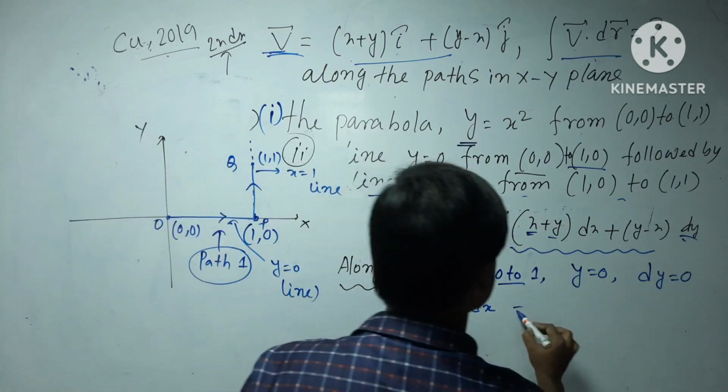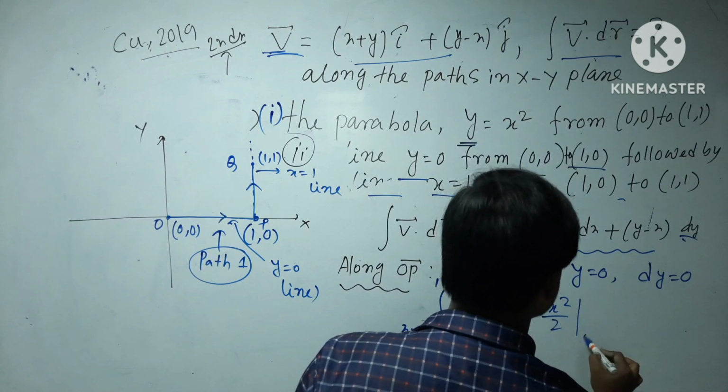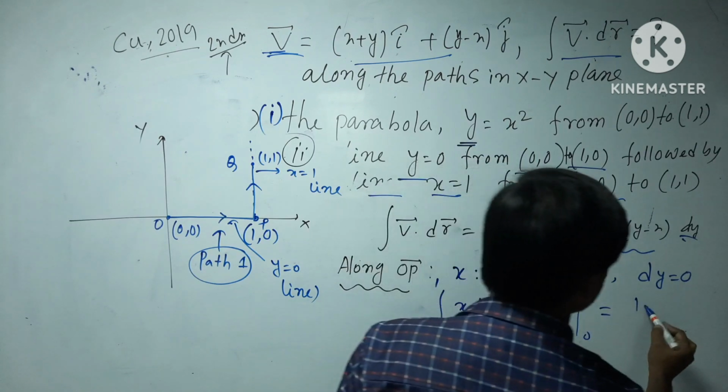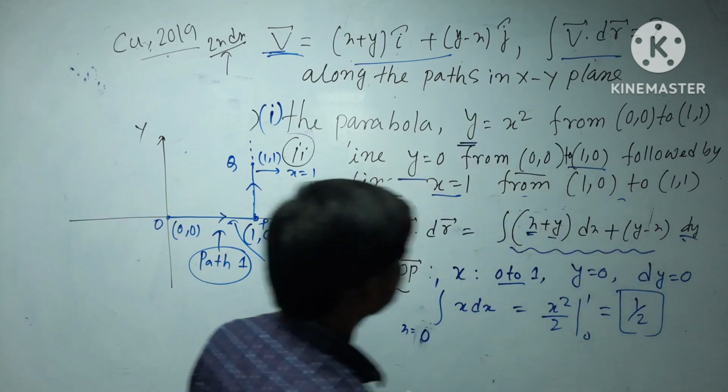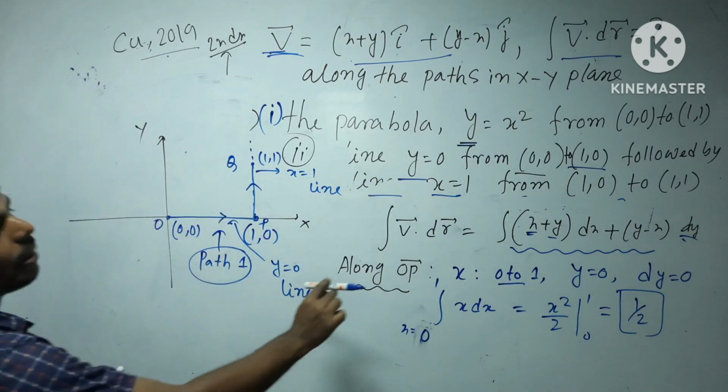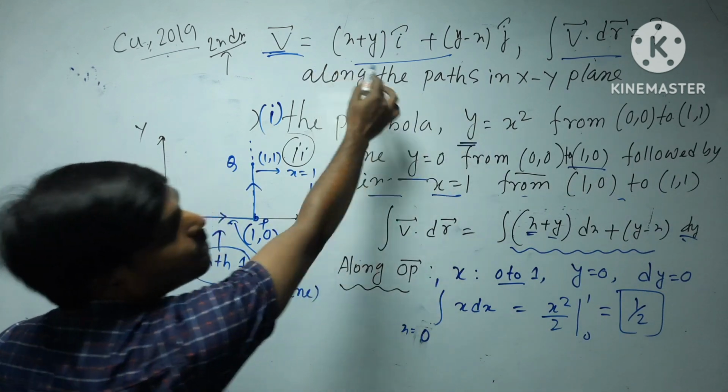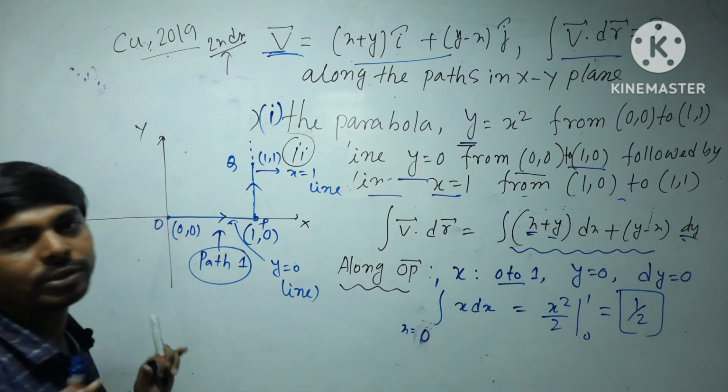So this integration is nothing but x square by 2, it varies from 0 to 1, so this is basically half. So along this line we have found out the integration of this given vector field is half.